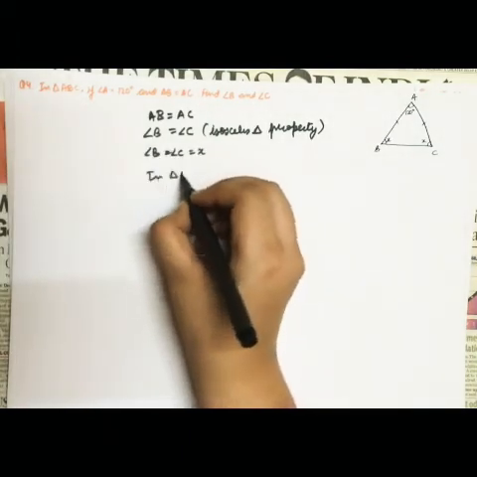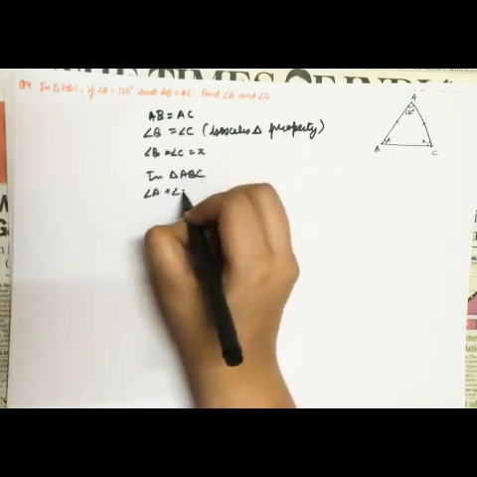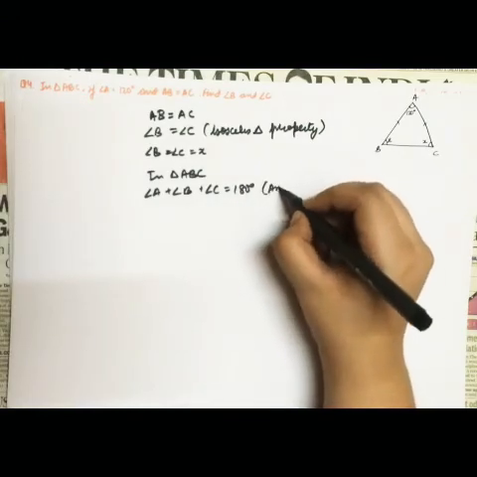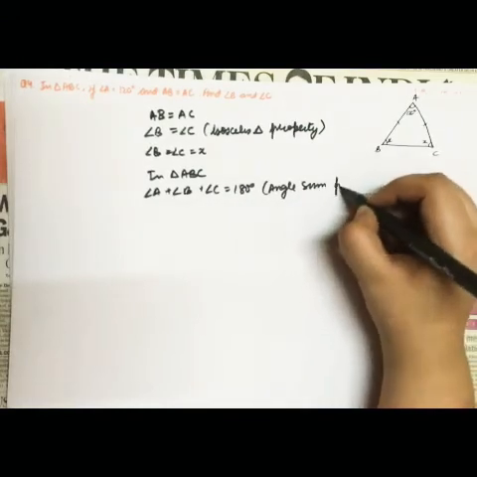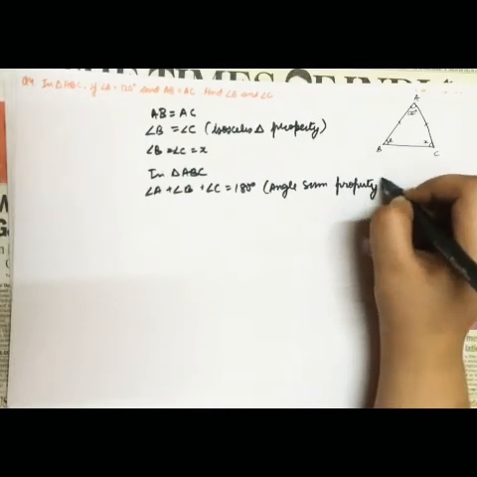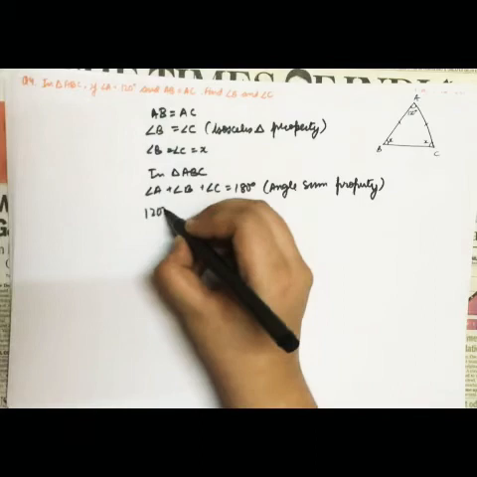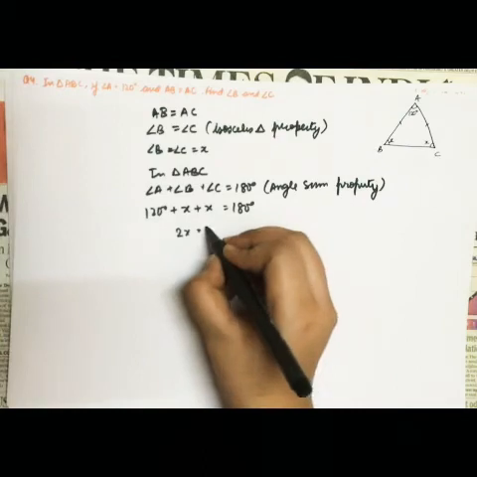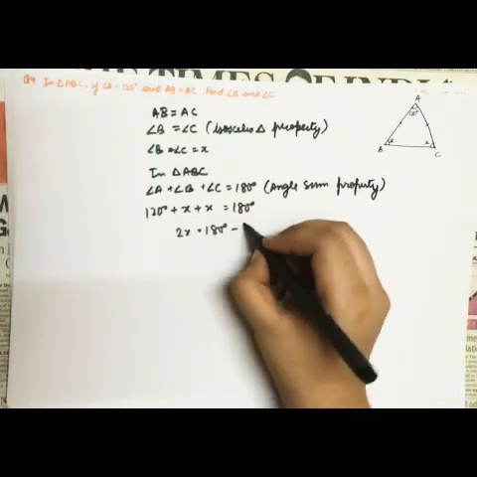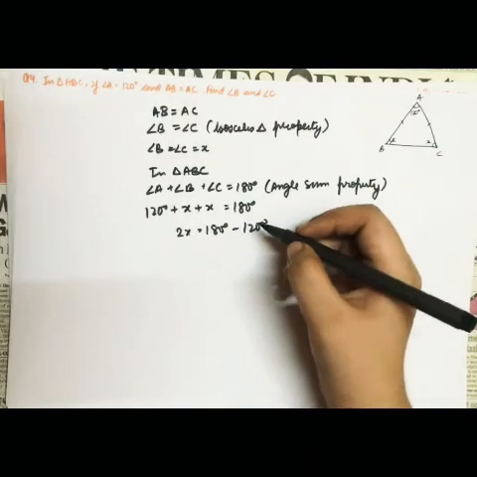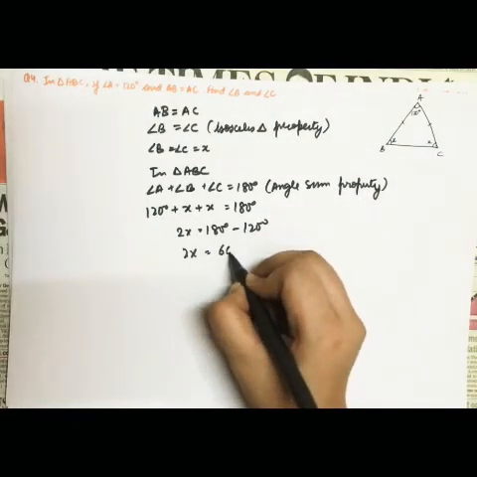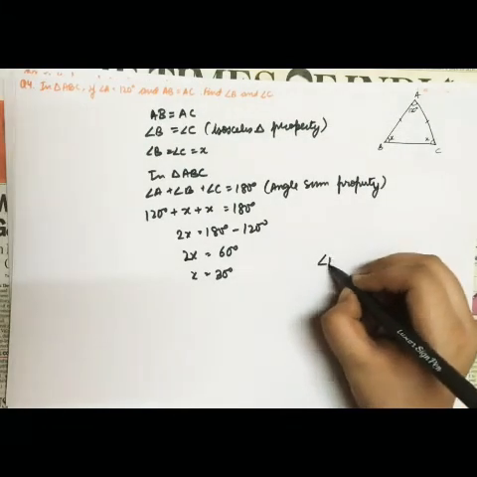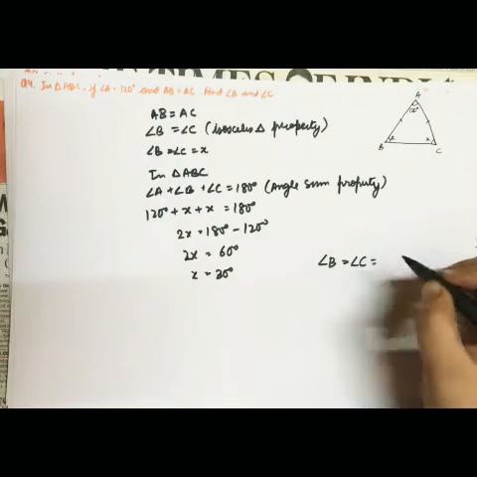In triangle ABC, angle A plus angle B plus angle C is equal to 180 degrees because of the angle sum property. Now angle A is 120 degrees plus 2x is equal to 180 degrees. 2x is equal to 180 degrees minus 120 degrees. So 2x is equal to 60 degrees. x is equal to 30 degrees. Therefore angle B is equal to angle C is equal to 30 degrees.